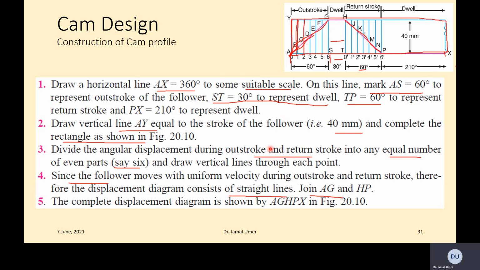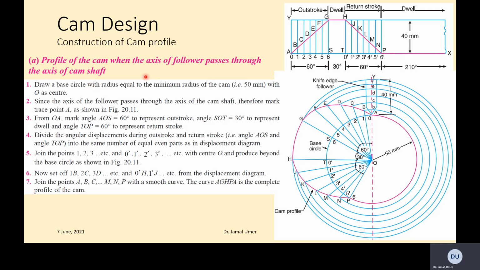All right, next we want to draw the cam profile. The profile of the cam when the axis of the follower passes through the axis of the cam. This is part A, and this is relatively simple. So what do you do? Draw a base circle with radius equal to the minimum radius of the cam. The cam radius was given, which is 50 millimeters, so this is what you draw, with center O, right?